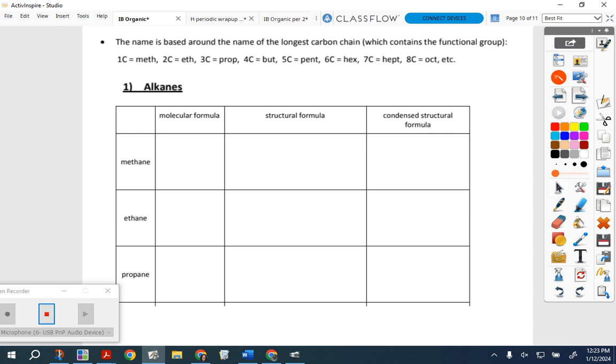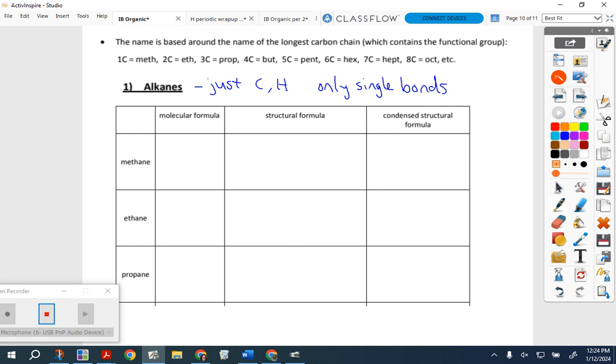This is a class of organic molecules that basically have just carbon and hydrogen and only single bonds. Now we can go on to add functional groups to an alkane, but to get started, we're just going to do pure hydrocarbon molecules. And these are going to be ones where we only have single bonds, no double or triple bonds.